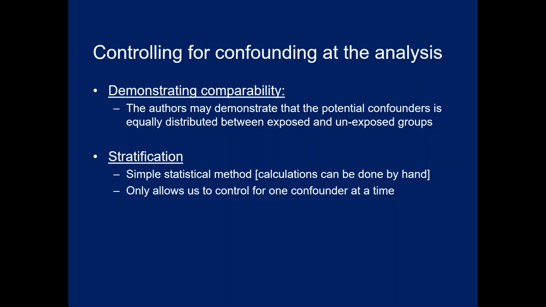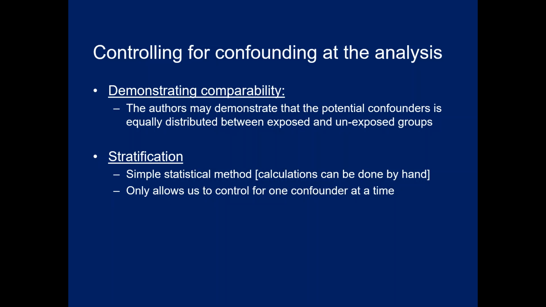The other method, and this also is used very rarely today, is stratification. It's a simple statistical method in which you effectively stratify and calculate values over a couple of 2x2 tables instead of one. The calculations are pretty straightforward and can be done by hand. The downside is you really can only control for one confounder at a time.